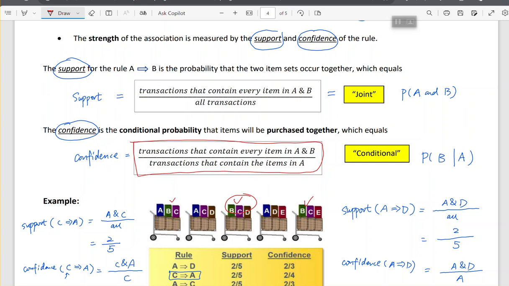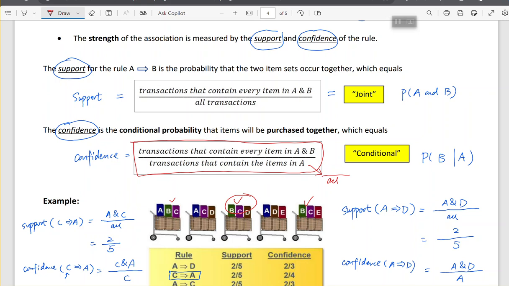A is not important to B anymore, so we don't need to care about A. The bottom of this formula will just change to all transactions, because if I don't care about A, the whole bottom is just about all the transactions.